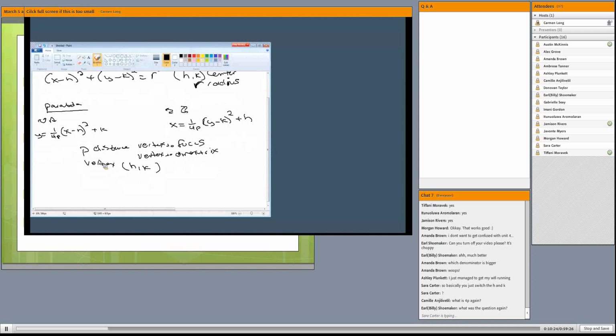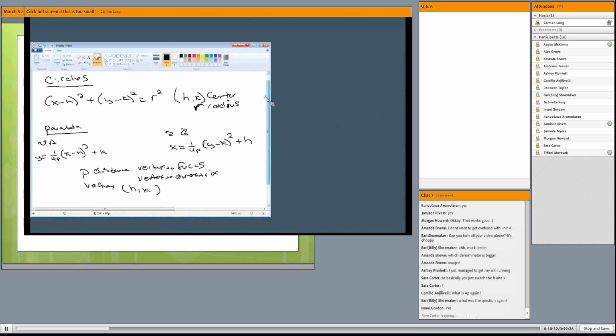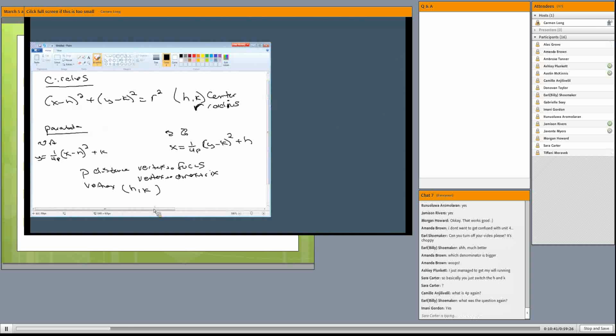Ready for ellipses and hyperbolas? I'm going to do those on a different screen because this one's kind of full. Give me a green check when you're, hold on a minute, let me clear out everybody's green checks. Clear. All right, when you are done with this and you're ready for the next one, give me a green check. That way I'm not going to cut anybody off. We'll do hyperbolas and ellipses, give you the general overview.